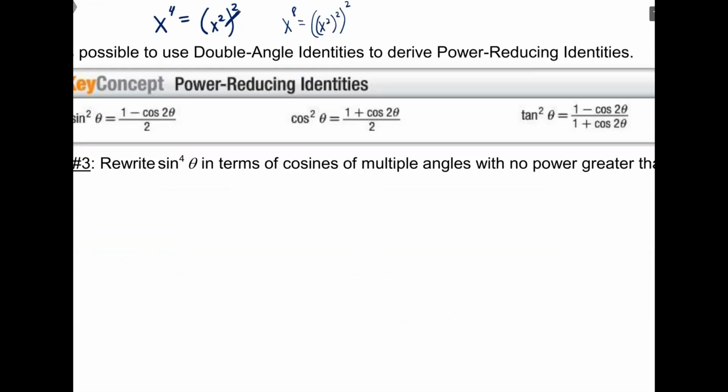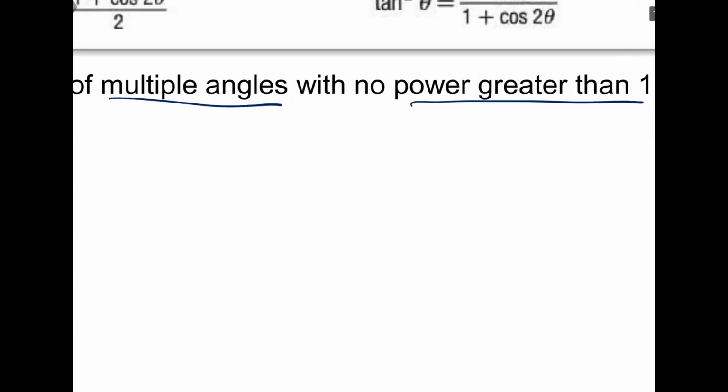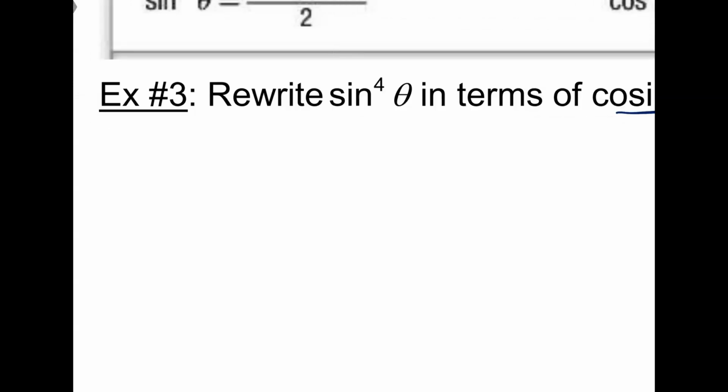Okay. So, example 3. Rewrite sine to the 4th theta in terms of cosines of multiple angles and with no power greater than 1. Okay, so the first thing I want to do is rewrite this in terms of sine squared to some angle.